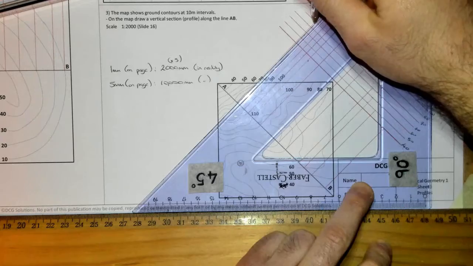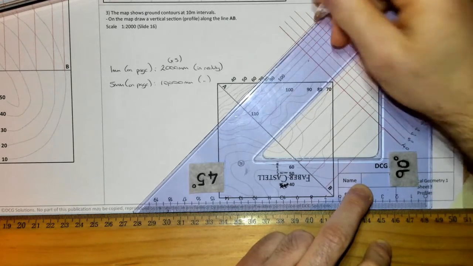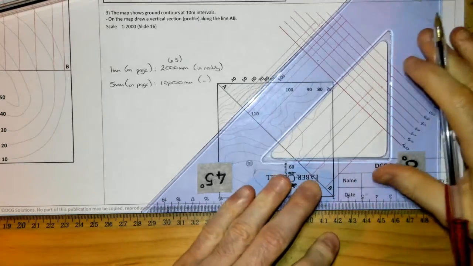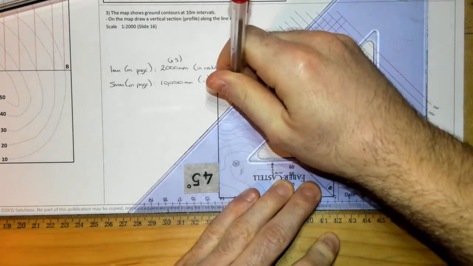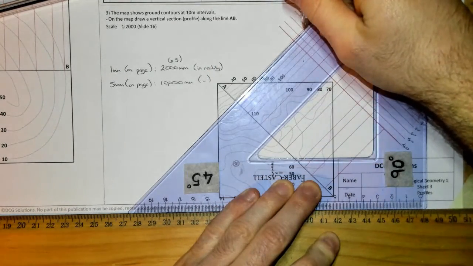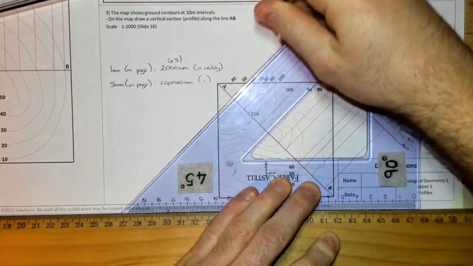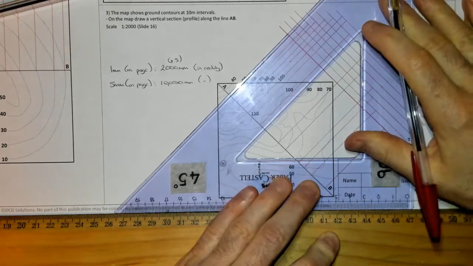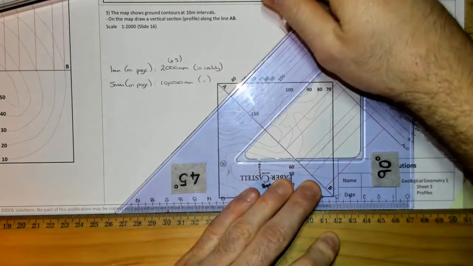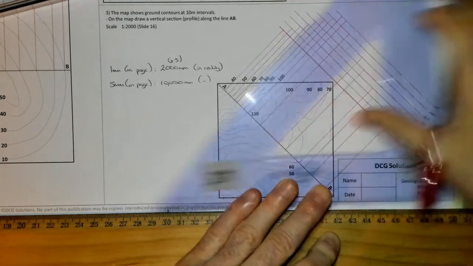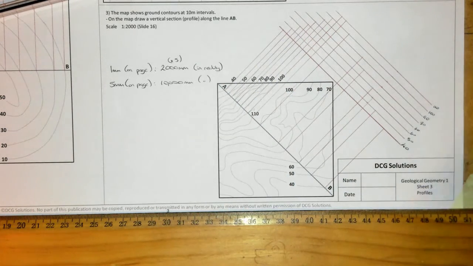So we're going down to 80, which is there. Then we have 70. Then 60. There you have it, guys. That is the topography of it, and the profile of it.